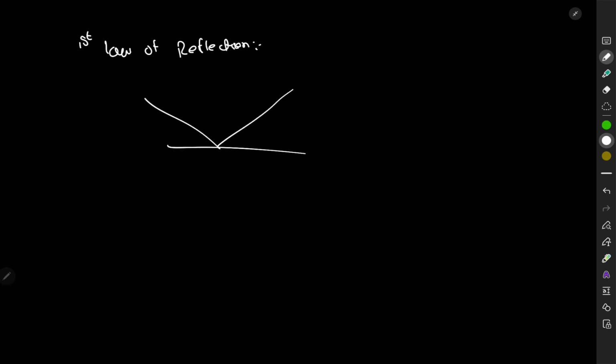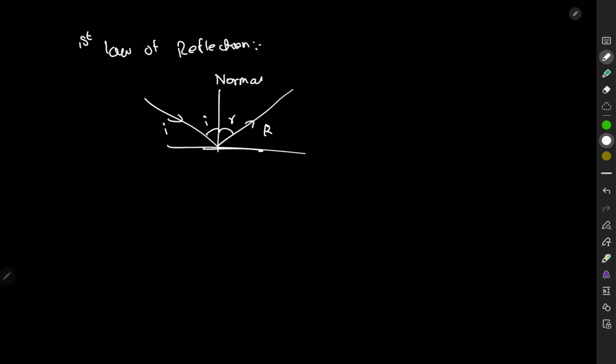Moving further, the first law of reflection. Okay, what does it mean? This you would have studied a lot of times. Let's say this is the incident ray and this is the reflected ray, and let's call this the angle of incidence, i, and this the angle of reflection, r. Okay, and this is the normal.